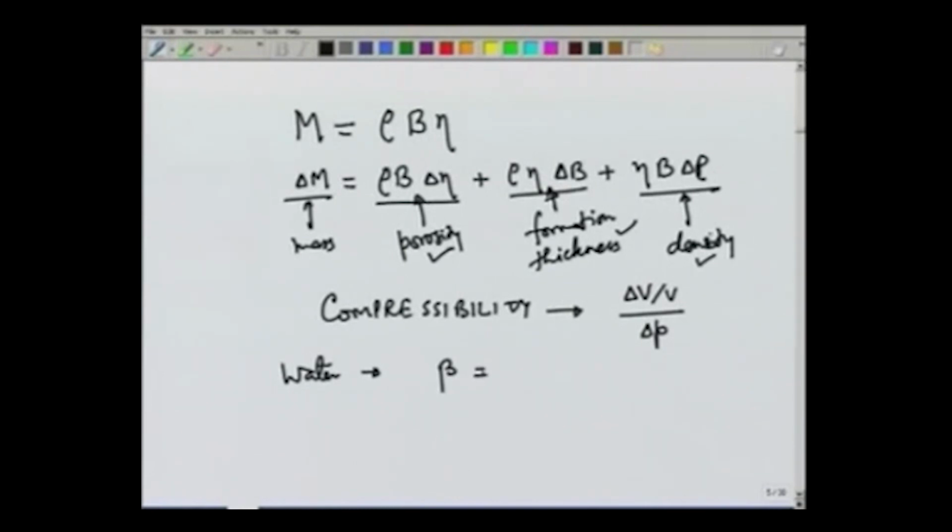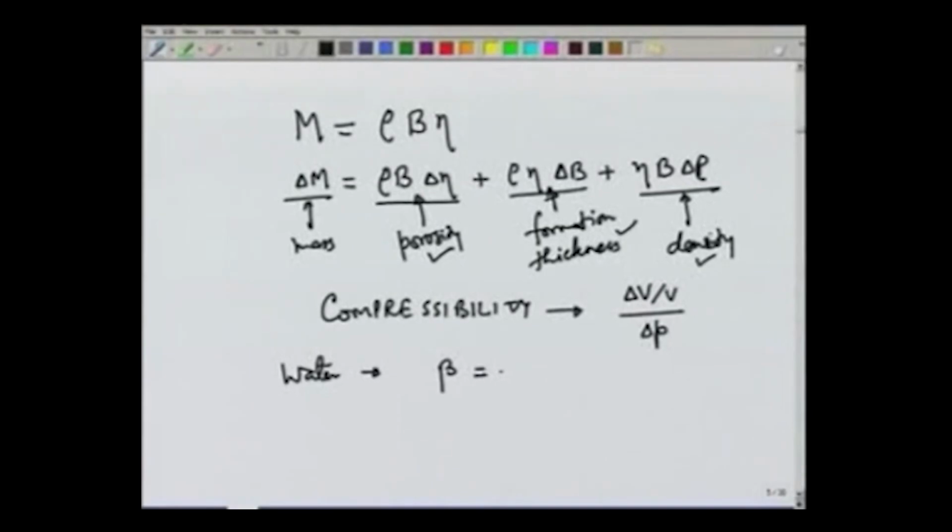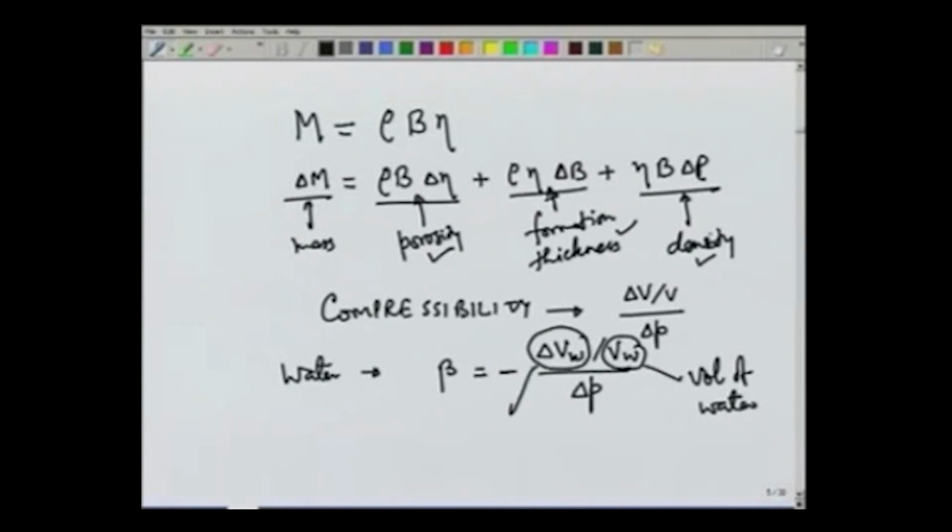In general, a positive change in pressure will cause a negative change in volume, and therefore, we put a negative sign here. Where V w is the volume of water and delta V w is the change in this volume. Delta P of course is the change in pressure.